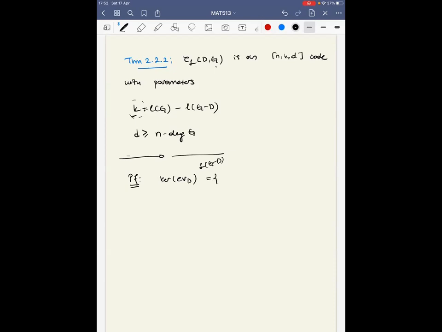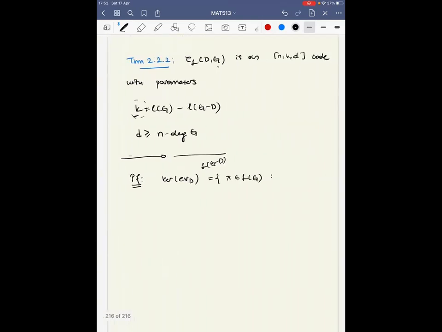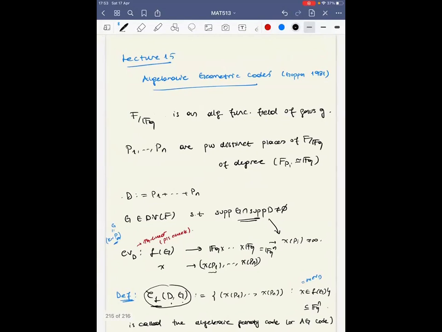So if you want to see how the kernel looks like, we have functions that have zeros at each given place, so that means at each residue class field.